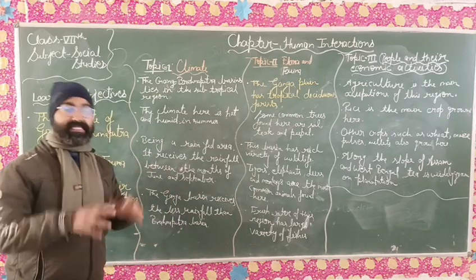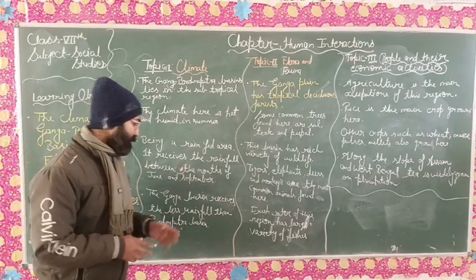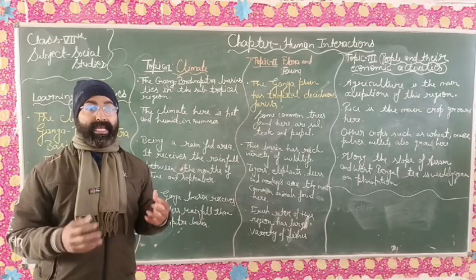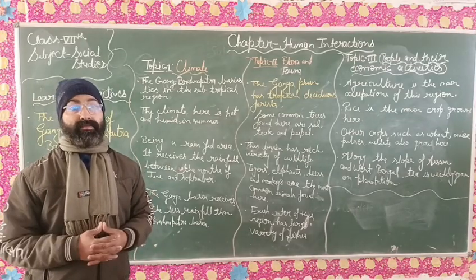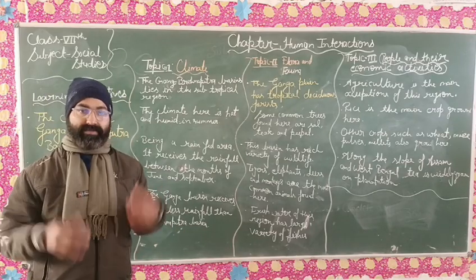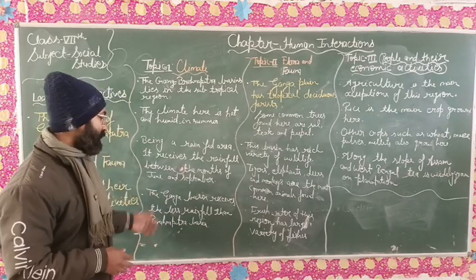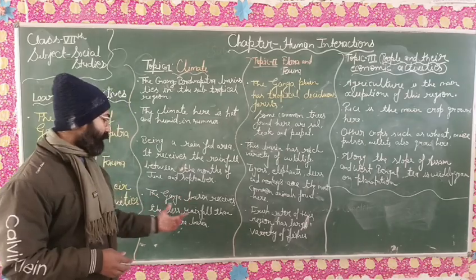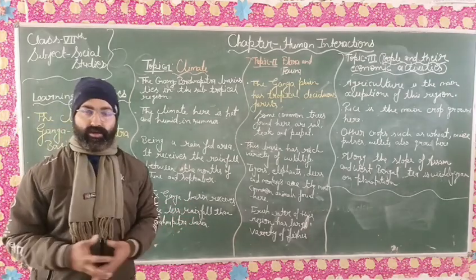The winds that blow carry lots of moisture as compared to the Ganga basin, and it comes in the form of rainfall. That's why the Ganga basin receives less rainfall and the Brahmaputra basin more rainfall.